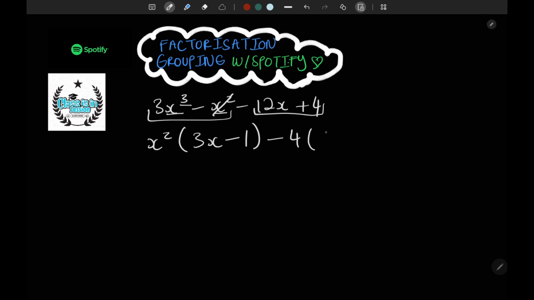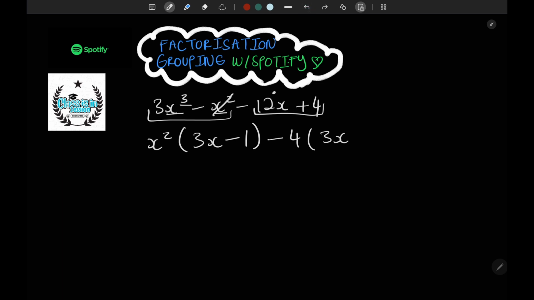However, I'd recommend that you write down 3x. The reason is because you have negative 4 here and 3x. You always want to make sure that you get to this point. So if you said negative 4 multiplied by 3x, your answer would be negative 12x. But if you said negative 3 and you said negative 4 multiplied by negative 3, your answer would be positive 12x.